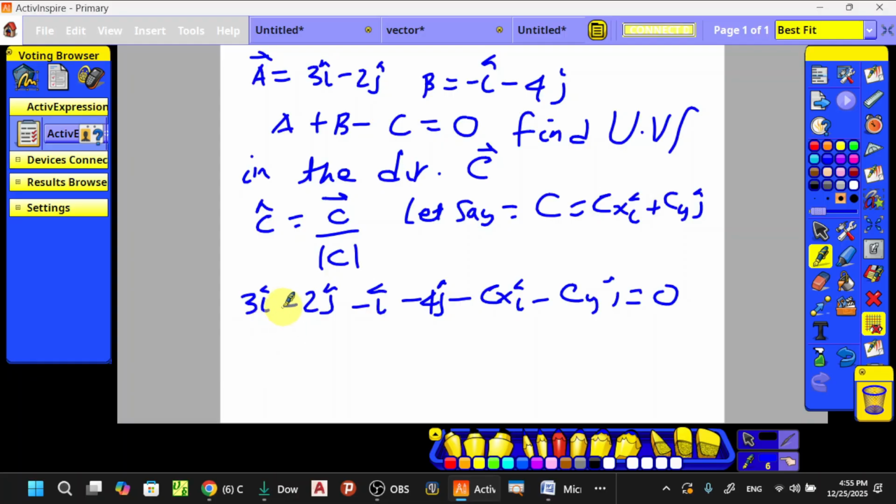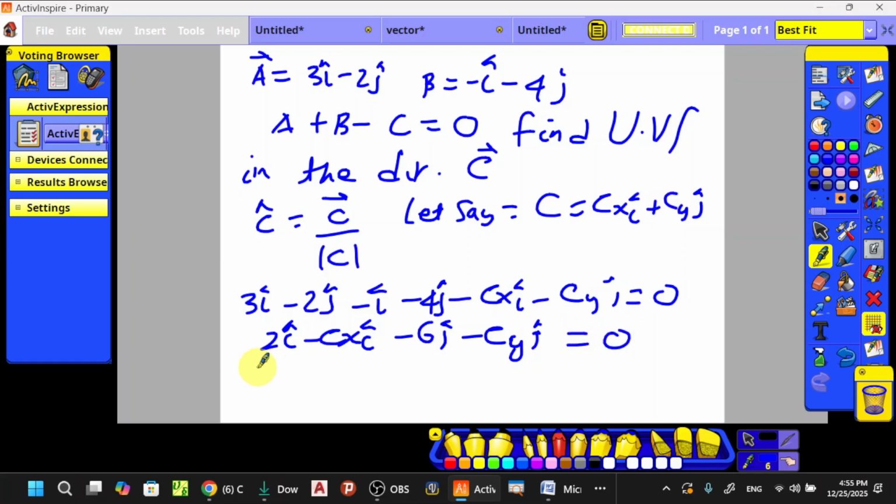So let's add the x terms: 3i minus i is 2i, minus cx i, and minus 2j minus 4j is minus 6j, minus cy in the j is equal to 0.